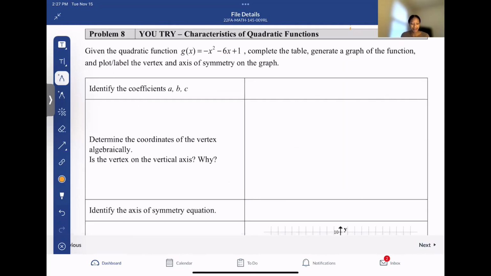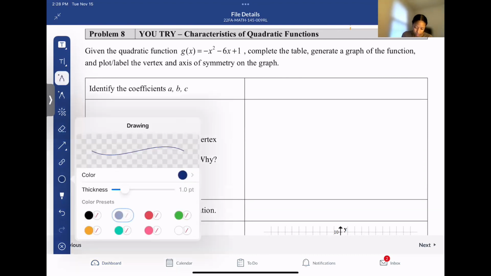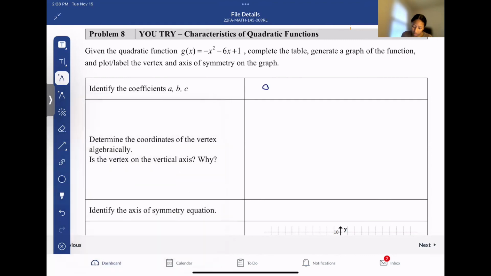On to problem number 8. Given the quadratic function g of x equals negative x squared minus 6x plus 1, complete the following table. All right, what's a, b, and c in this case? We have negative x squared, so a equals negative 1; minus 6x, b equals negative 6; plus 1, c equals 1.